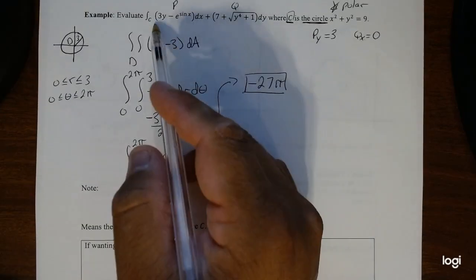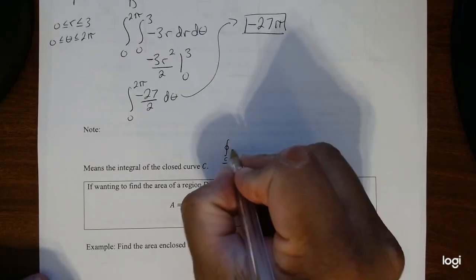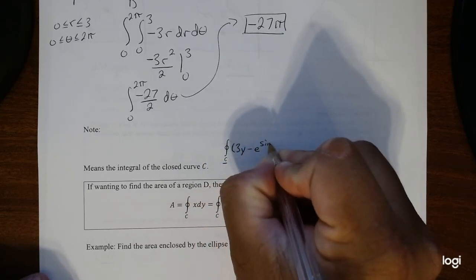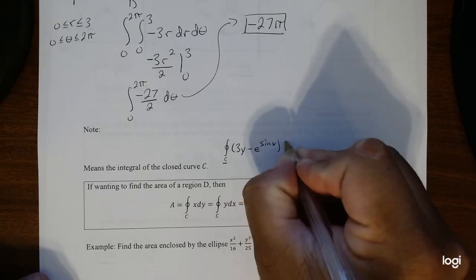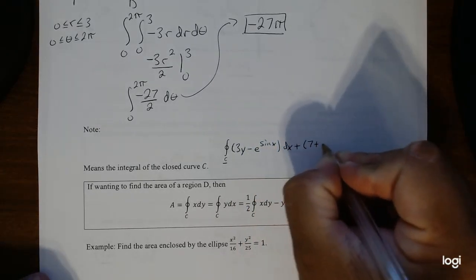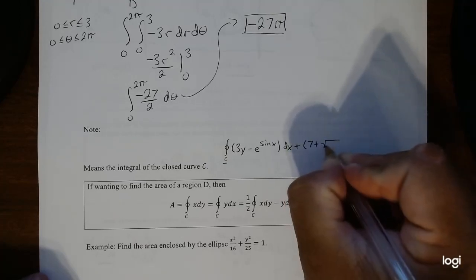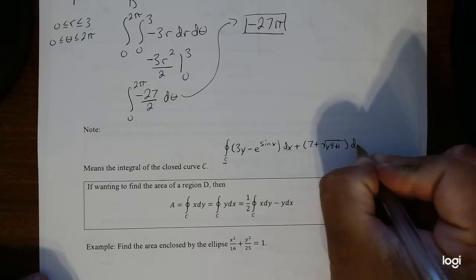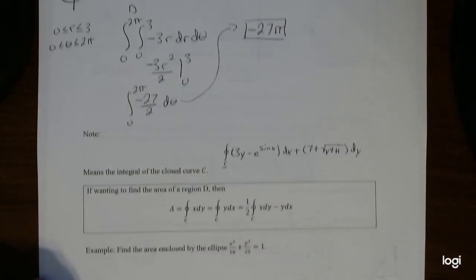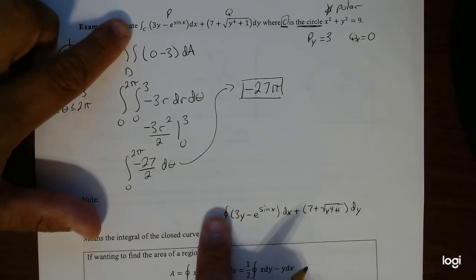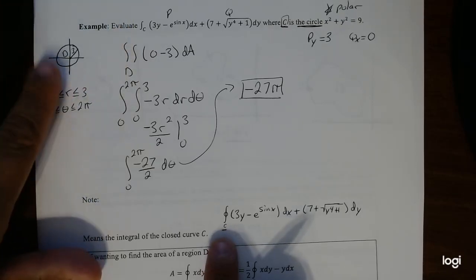So I can rewrite this entire question like this, and it means the same thing. The only difference is that this statement states that the curve C gives a region of a circle.